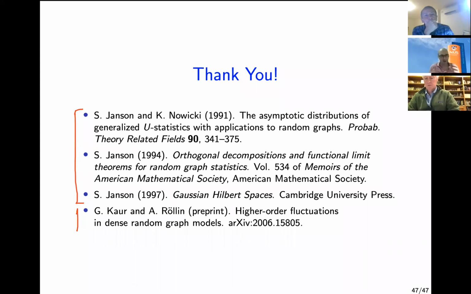I conjecture that's what's going to happen. Our theorem still will work more or less. It's just that whether the fluctuations of the subgraph counts can be decomposed in exactly the same way, so that everything is captured by the subgraph statistics that we have now, I don't know. Some of it will be captured by what we have, but whether it's all of it, I don't know. For the dense graph case, everything is captured by the centered subgraph statistics. In the sparse case, that may not be the case.